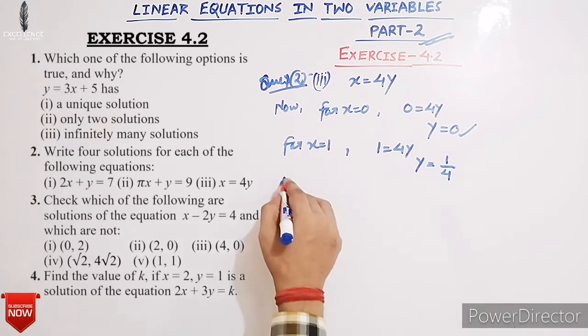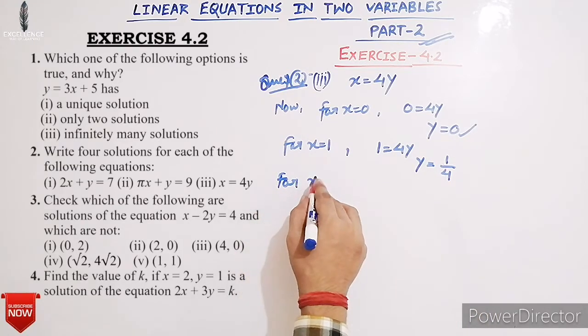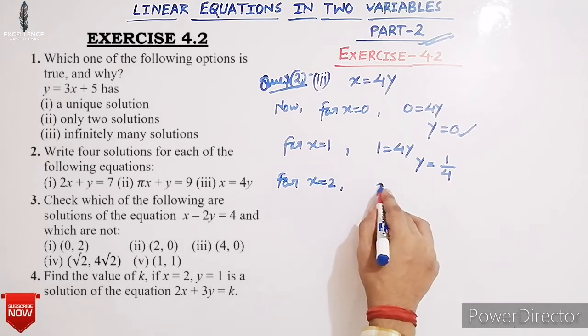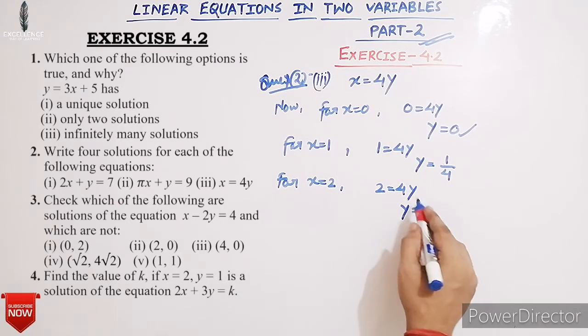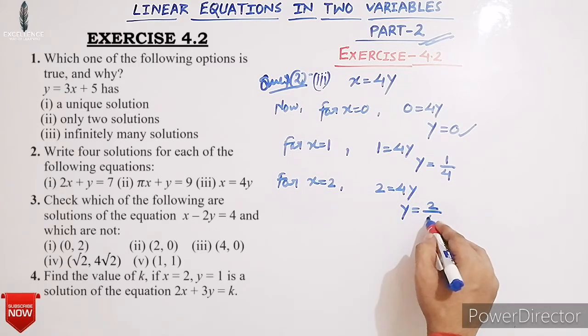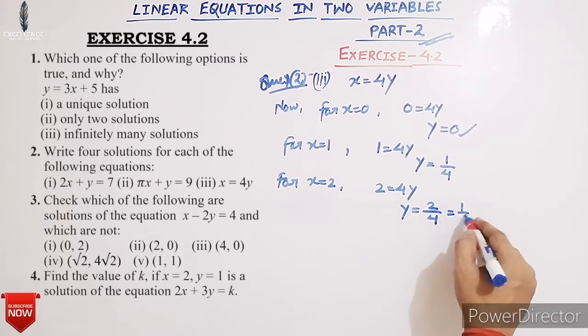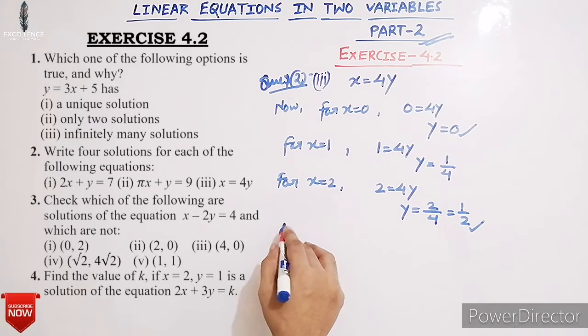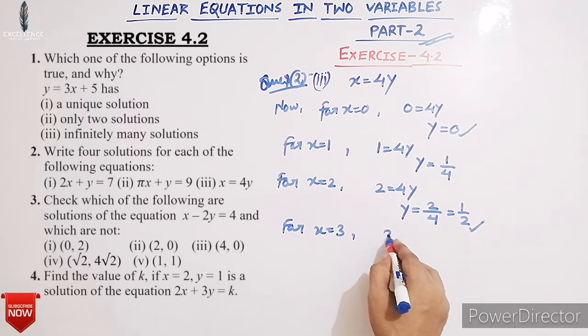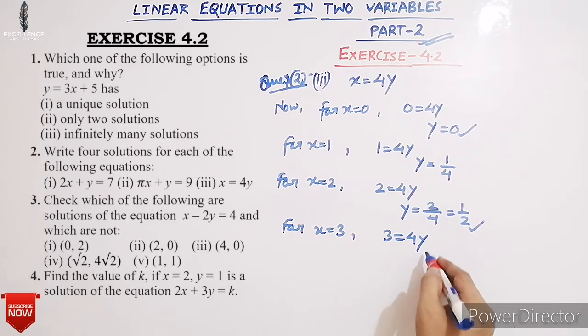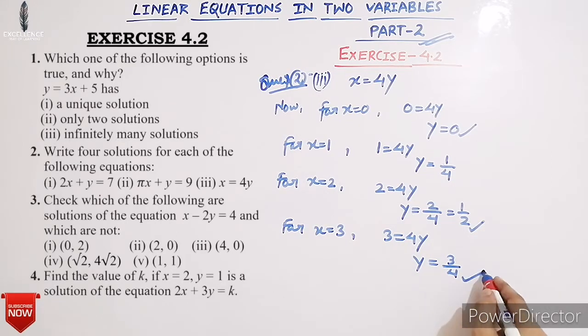For x equals 2, we have 2 equals 4y, that gives y equals 2 by 4, that is 1 by 2. For x equals 3, we have 3 equals 4y, then y equals 3 by 4.